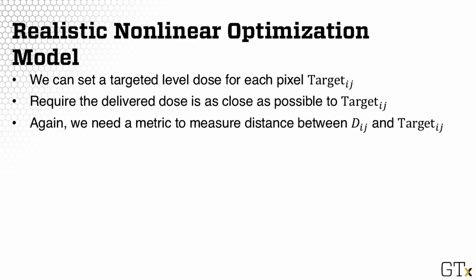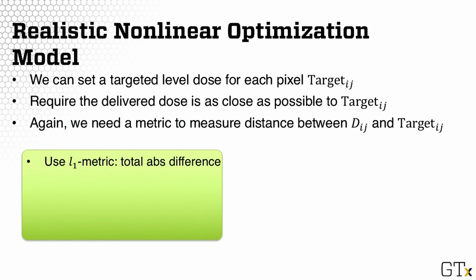So how do we measure that distance? Here is one way. We use the L1 metric to measure the total absolute difference between the realized delivered dose and the target delivered dose. So that's how we measure it: the minimum of the total sum over each pixel of the absolute value of the difference between the realized dose from radiation and the targeted dose.